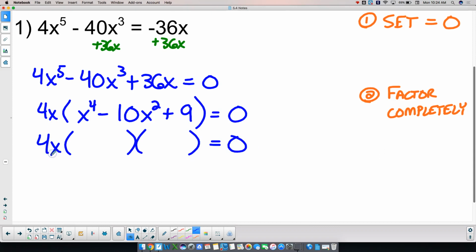What two numbers multiply together to be positive 9 and add to be negative 10? Negative 9 and negative 1. So this is x squared minus 9 and x squared minus 1.